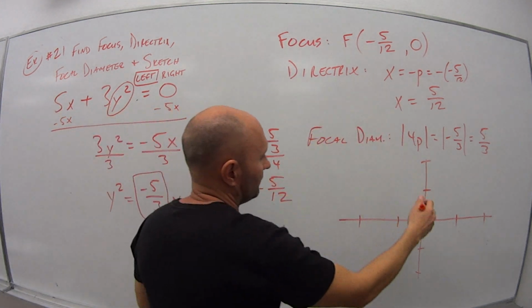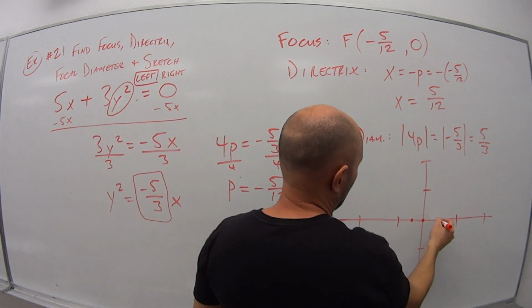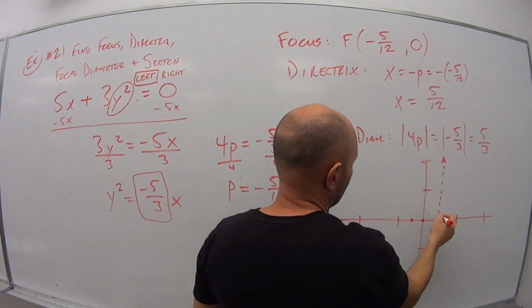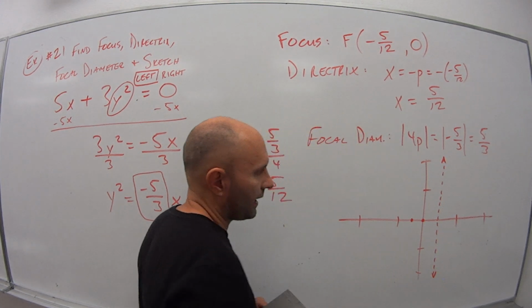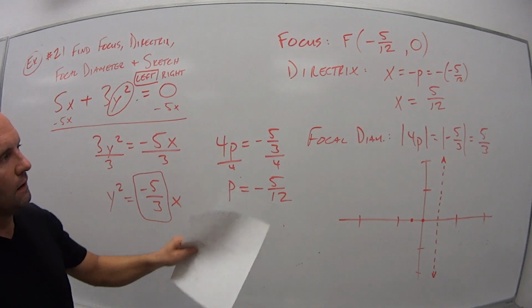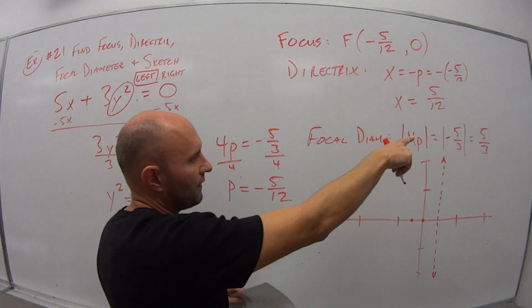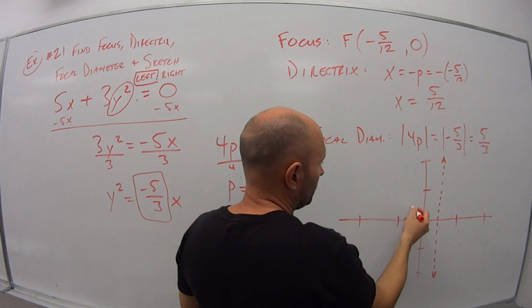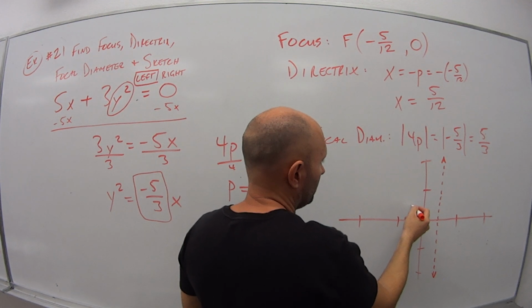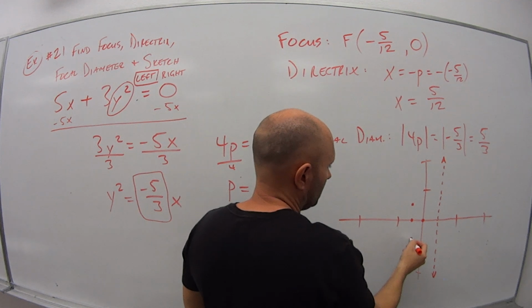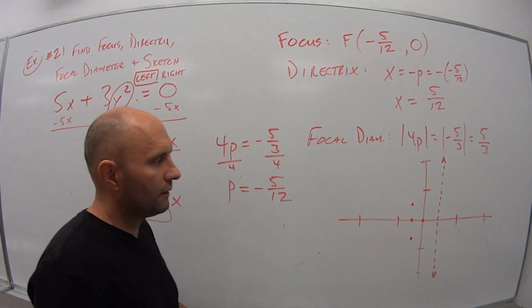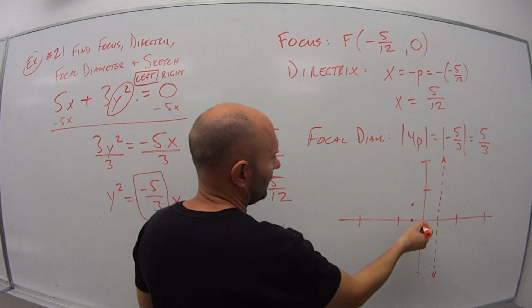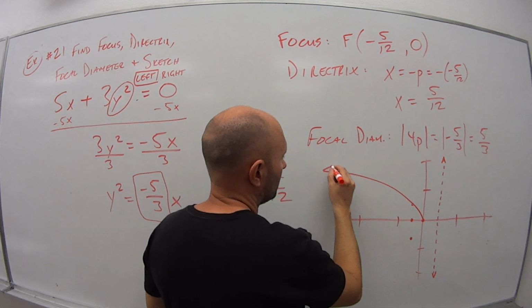The directrix is at positive 5/12, so over here on the positive side of the x-axis. Focal diameter, again, was 5/3, which is about 1 2/3, so we have a little bit more than a unit. So something around there. And then it's just a matter of connecting these outside dots.